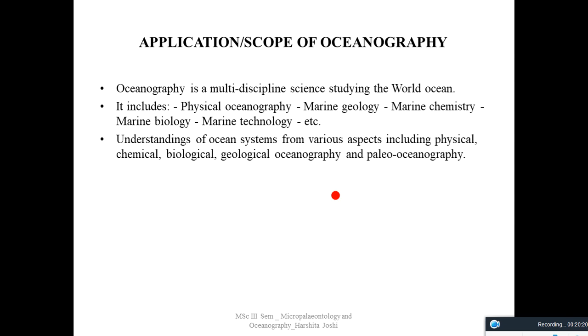So the study of oceanography, what will it tell? It will tell us presently where the economic minerals are present, and on the basis of that, because the present is the key to the past, we can study the other ancient mineral rocks, or the Precambrian, or say Phanerozoic rocks, and then we can find out the places where ophiolites may be present, or the areas where manganese nodules may be present.